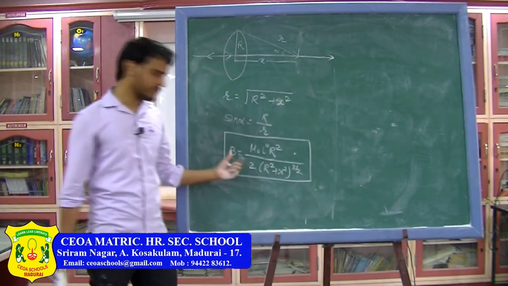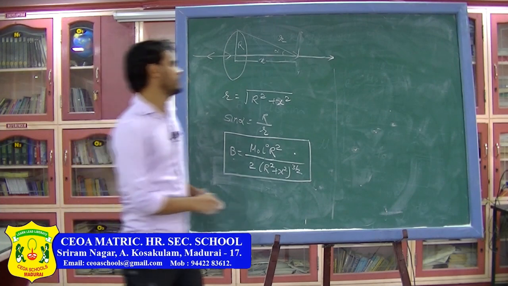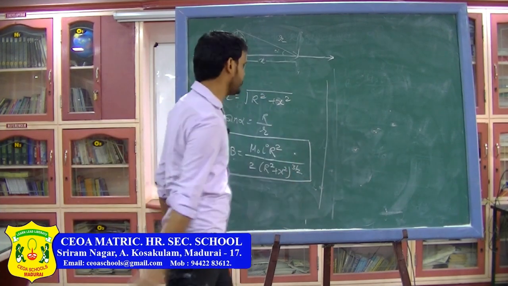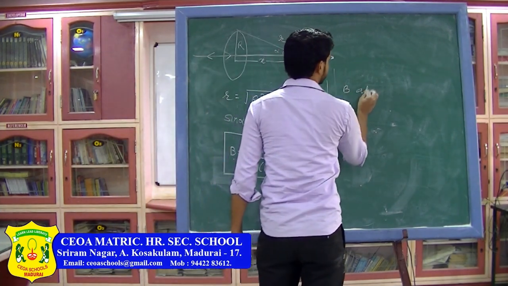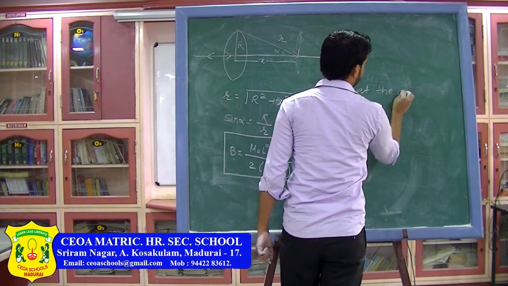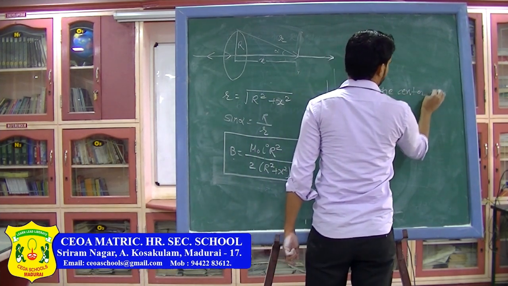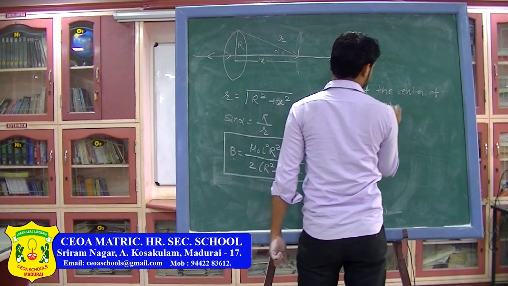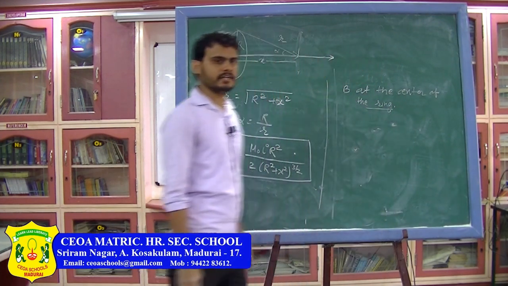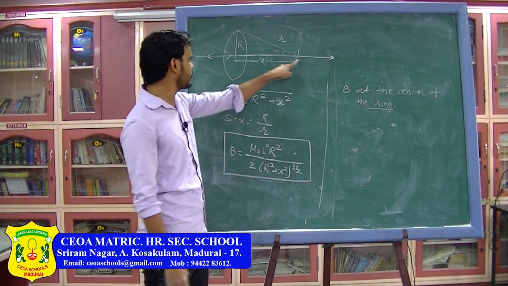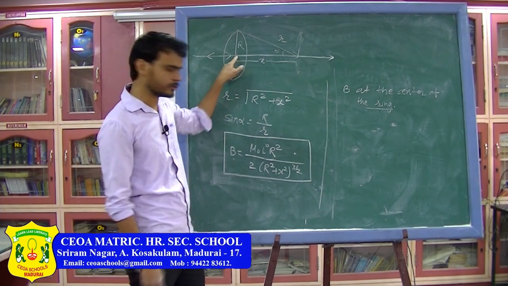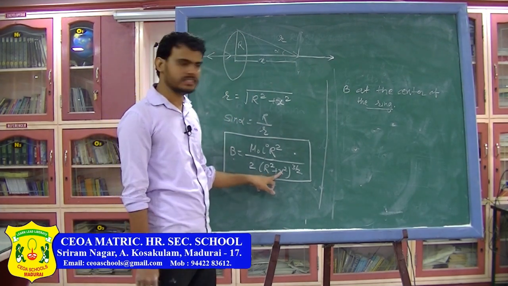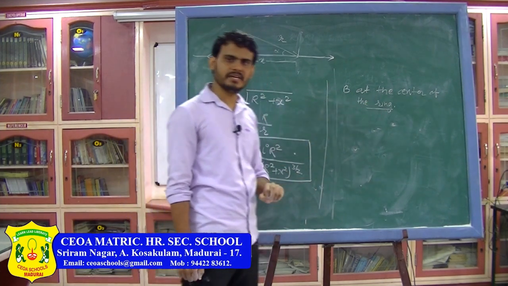Now, in this one we have a special case, only one special case, where you have to find the magnetic field at the center of the ring. So, at the center of the ring, the point will come here. So, here x will become 0. So, in this formula, if you put x equal to 0, you will find the magnetic field at the center.